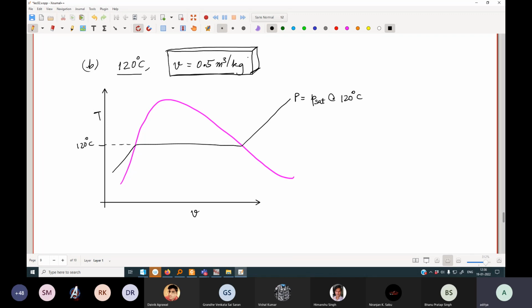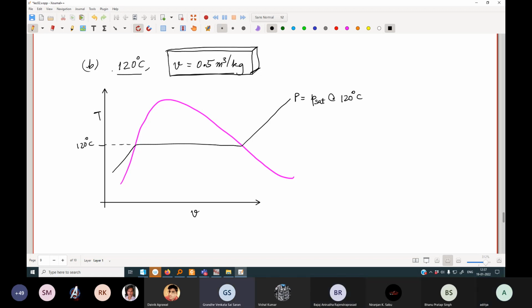We don't know where this particular point lies. So what should be the logic? Anyone can answer. First of all, we should find T sat. T sat for 120 is 120. Did you mean T sat or P sat? Like for this P sat, what will be the temperature?